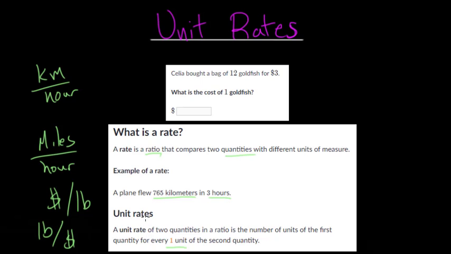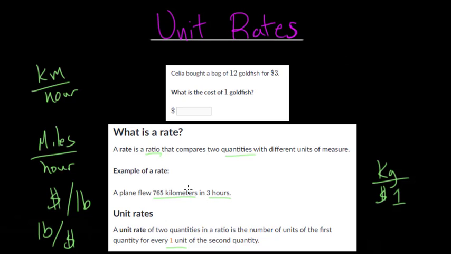What I mean by this is that, say you're at the grocery store and you might ask, well, how many kilograms of apples can I get for $1? Or I could ask, well, how many kilometers can I go in 1 hour?